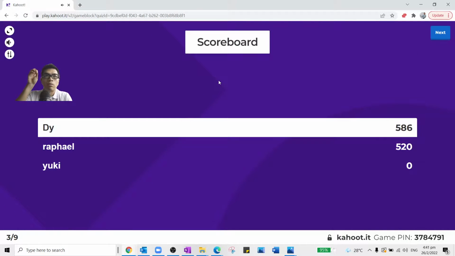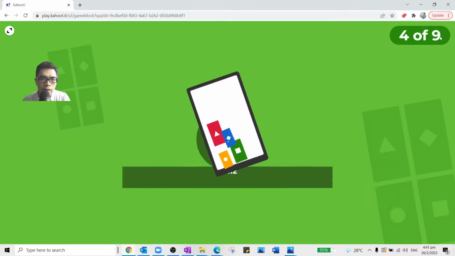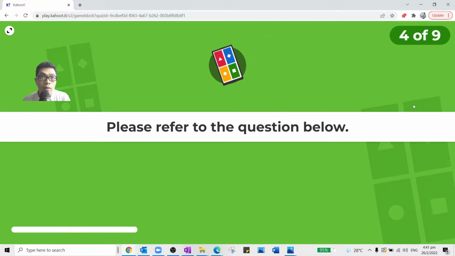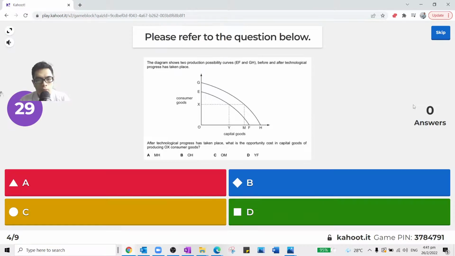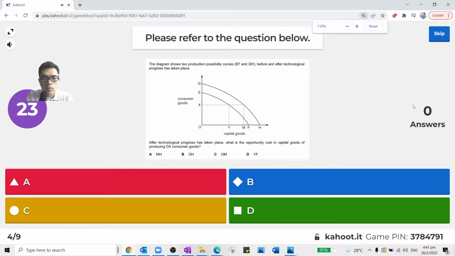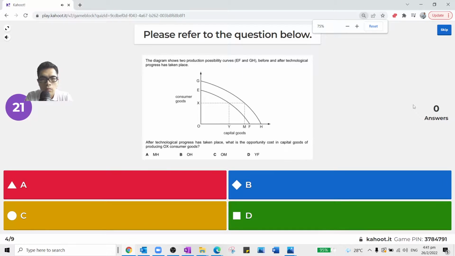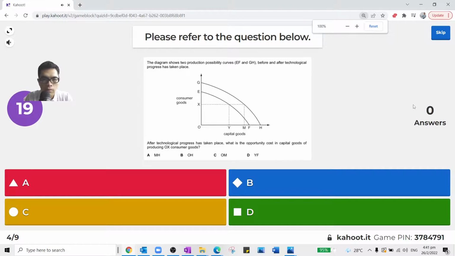You may want to blow up my screen. I see what I can do to enhance the display. I cannot blow up the image. So sorry.